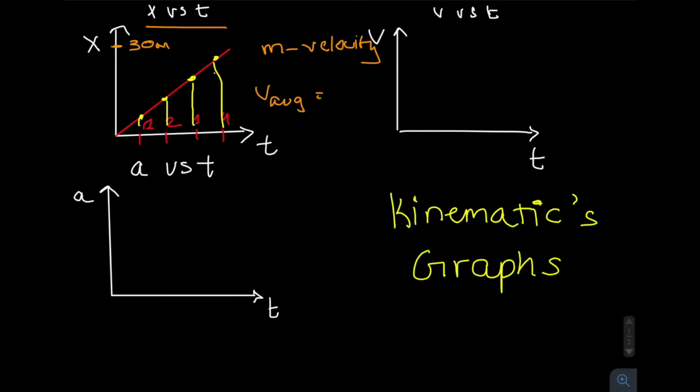Remember, average velocity is the change in displacement over time, which would just be 30 over 4, or 7.5 meters per second. So that means that the slope is the velocity.